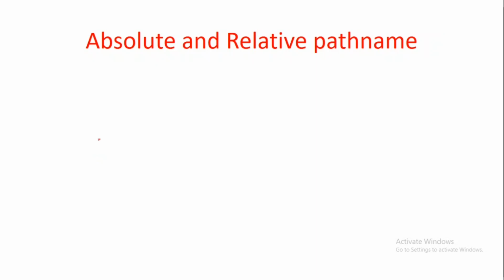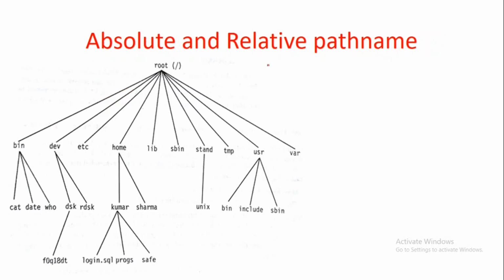Now let us look into the concept of absolute and relative path names that are used in the command line. For example, let us take this directory structure to get a clear understanding of absolute and relative path names, and let me assume that currently the user is residing in the home directory. So this will be the current working directory of the user.